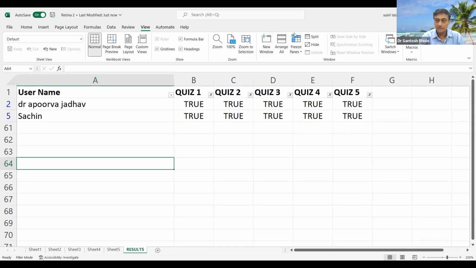Results of this quiz will be declared in the next PG teaching activity, which will be on 18th of January. Topic will be again cornea. And I request everybody to participate in that also.